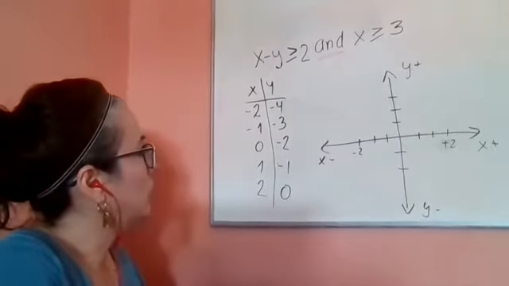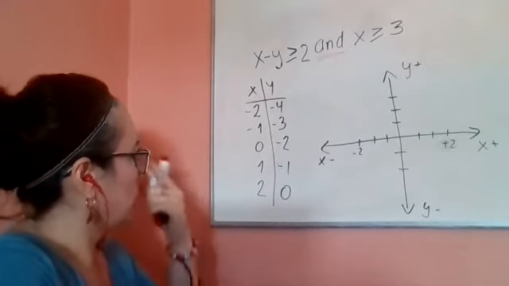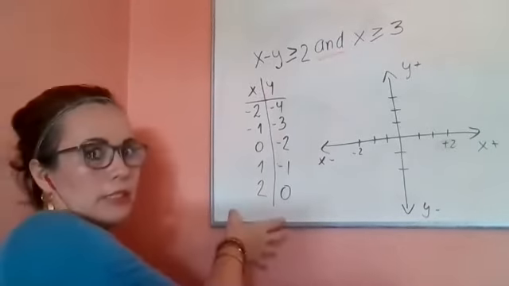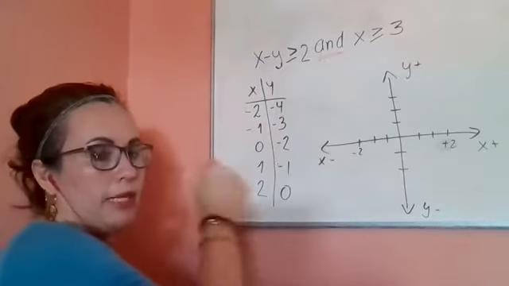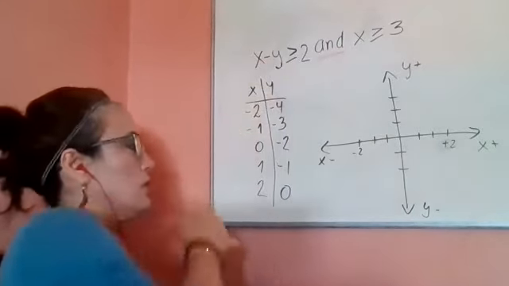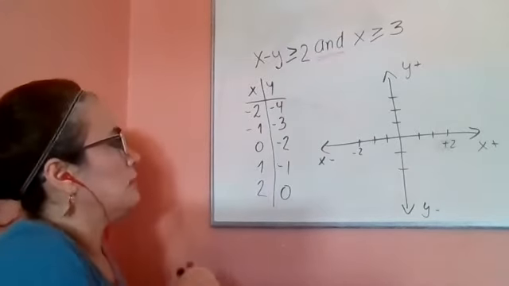Hello, we're back. Well, we have here the table with all the values for x and y, and I have the coordinate plane over here. I'm going to graph this because this is the table that I have, and I'm going to begin.